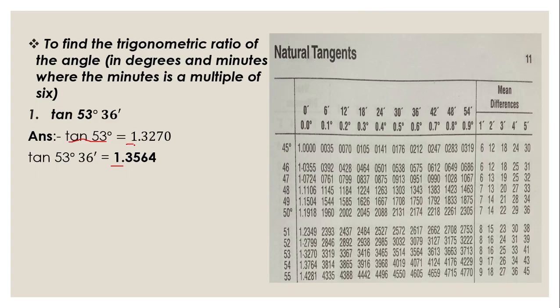So the number before the decimal of tan 53 degree 36 minute is 1.